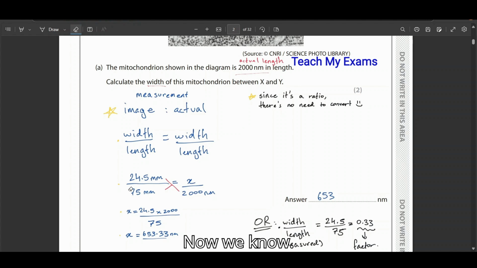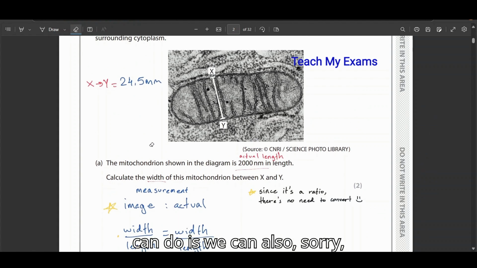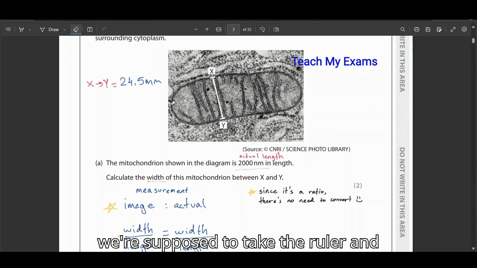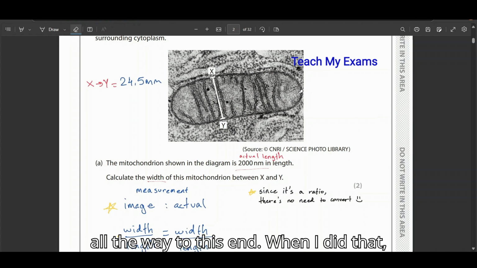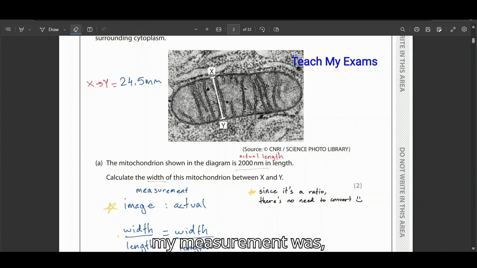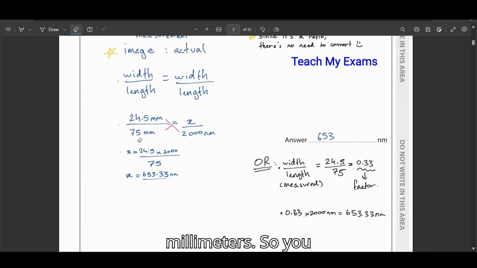Now, we know that the width was 24.5 millimeters. We're supposed to take the ruler and measure from this end all the way to this end. The measurement that I received was 75 millimeters.